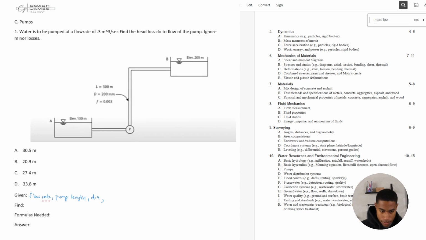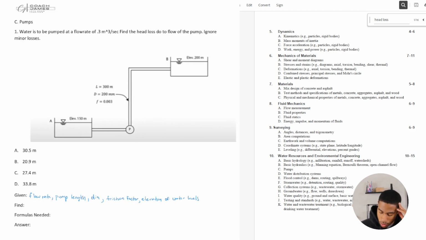They give us, I'm going to say, the friction factor. I think that's what F stands for. And they give us the elevations of the water levels. Okay.